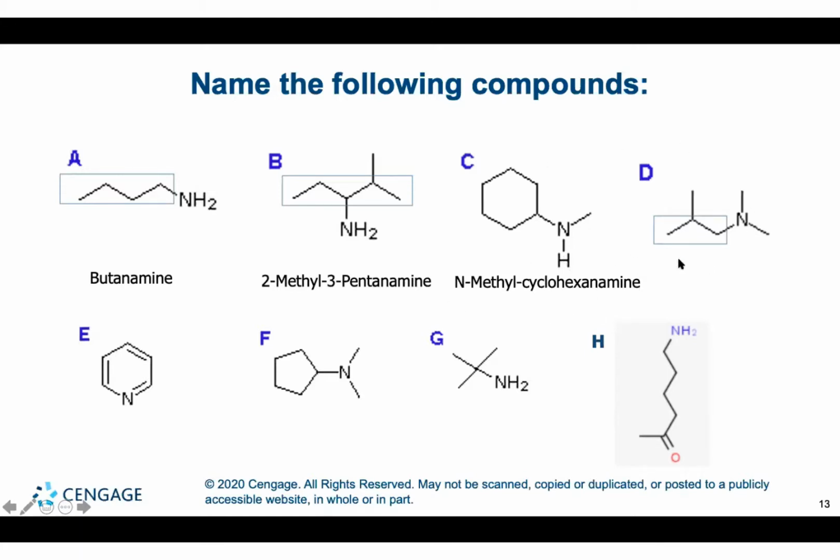What about this one? Here, find the longest chain. 1, 2, 3. This is not, guys, 1, 2, 3, 4, 5 is not the longest chain. Why? Because nitrogen cannot be part of the longest chain of carbon. So here we have a break.